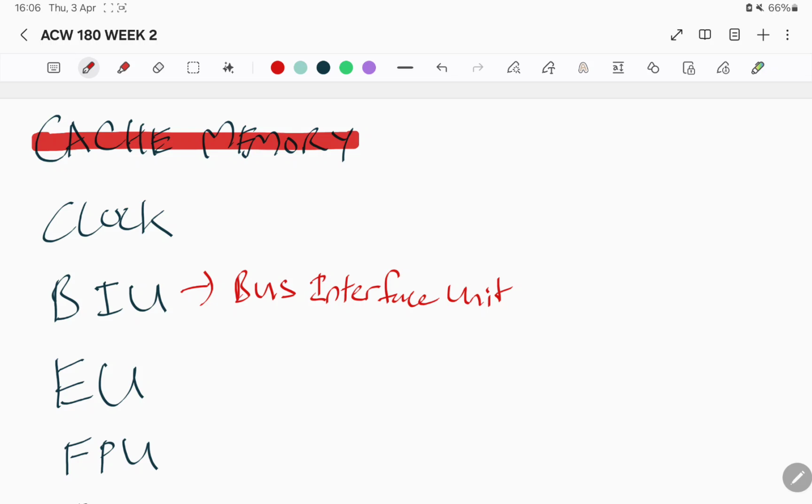It manages the data bus, address bus and control bus, ensuring that data is correctly transferred to and from the CPU. So basically it's communication between the CPU and the rest. The main point here is that it communicates.